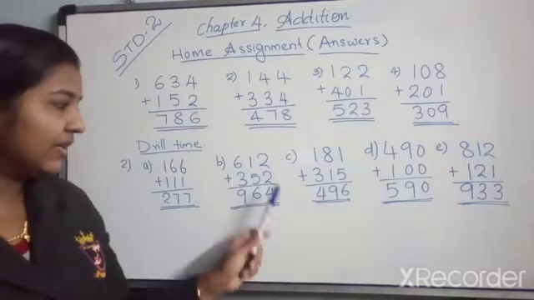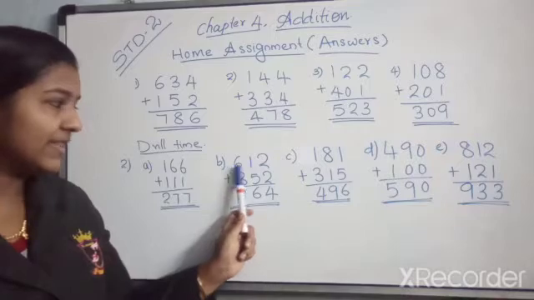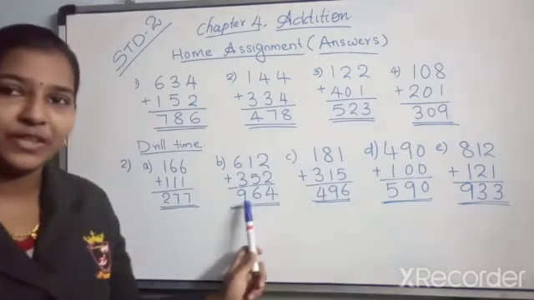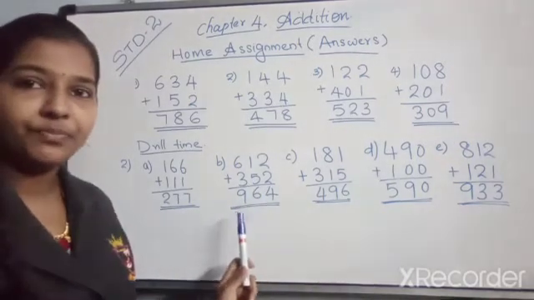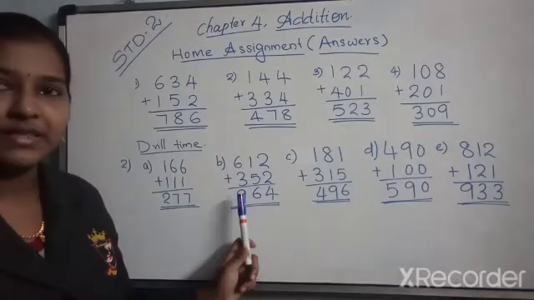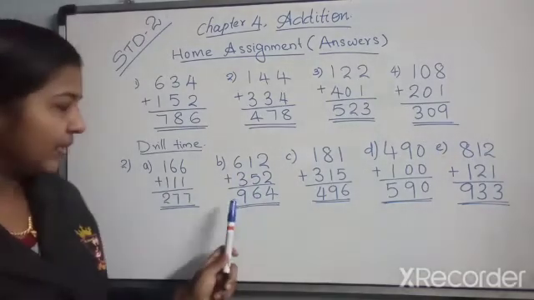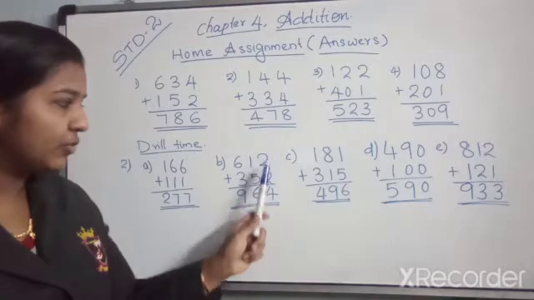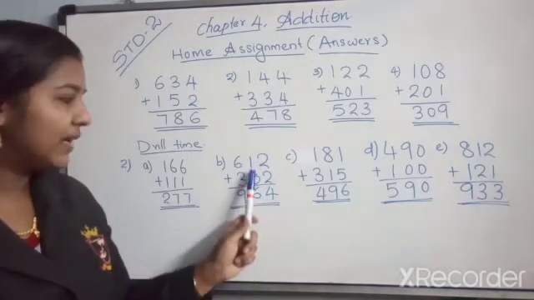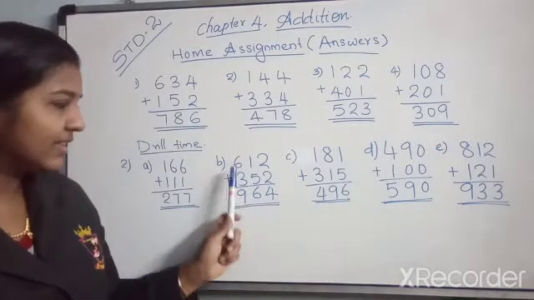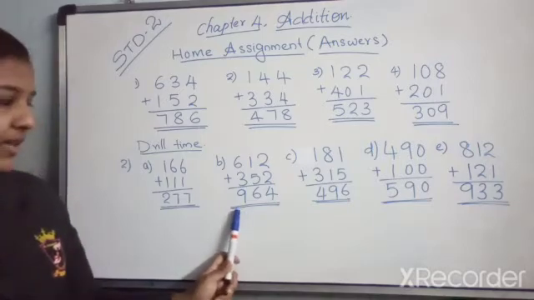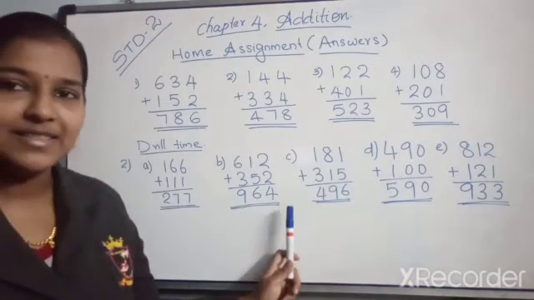Now the next one, 612 plus 352. Okay children, so add these together. That is 2 plus 2, 4. 1 plus 5, 6. 6 plus 3, 9. So 964 is the sum.